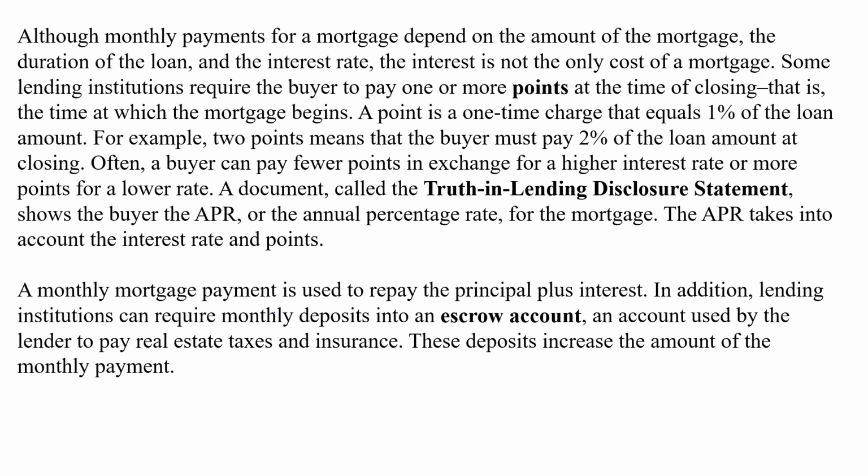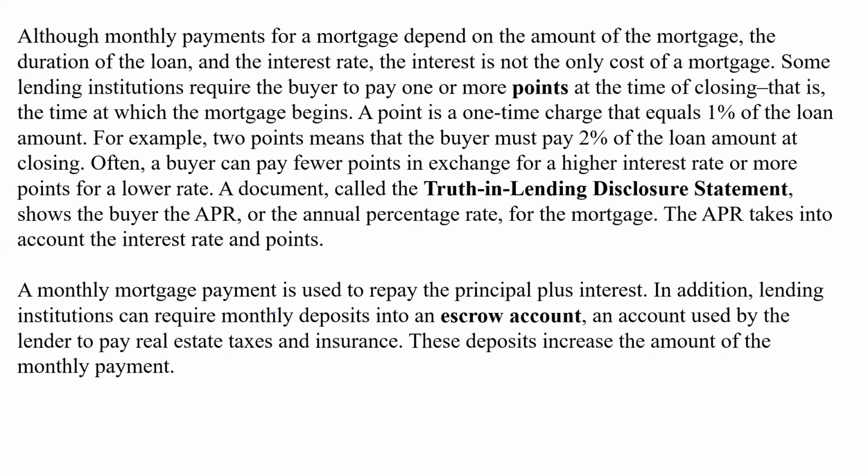Now, a monthly mortgage payment is used to repay the principal plus the interest. In addition, lending institutions can require monthly deposits into an escrow account. This is an account that's used by the lender, or the bank, to pay real estate taxes and insurance. So as a person who has a house with a loan on it, usually you're not going to pay those taxes or the insurance directly to the city or the insurance company.